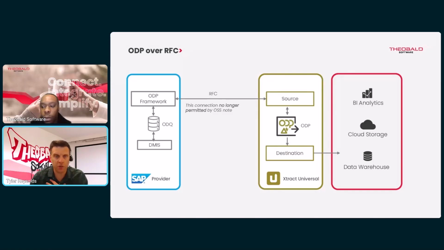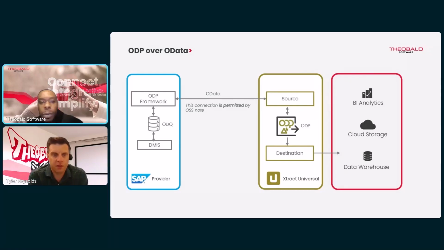So let's jump down now to ODP, but going over OData. Brian, maybe you can explain what the difference is here. Very similar to what we just saw. This one specifically is over the OData services. It's going to allow you to consume data provided by any SAP OData service in general.